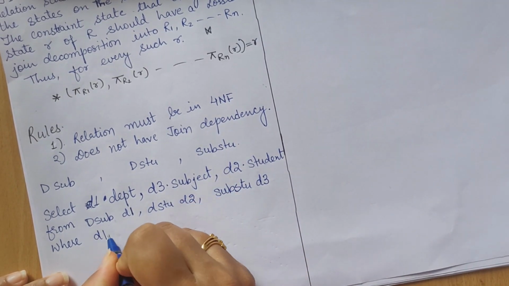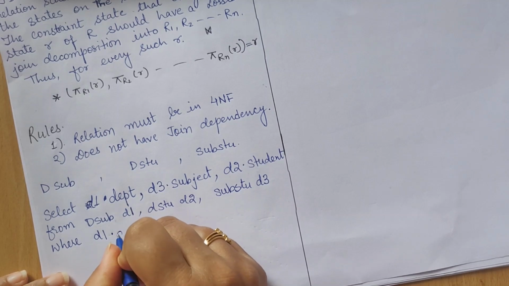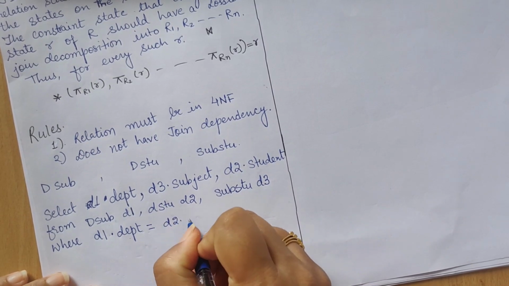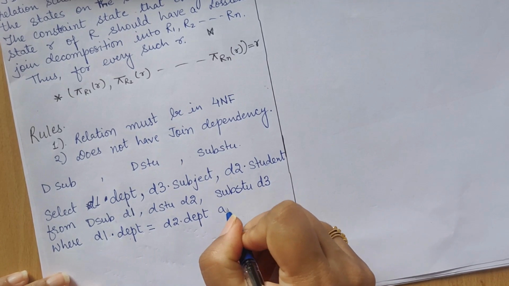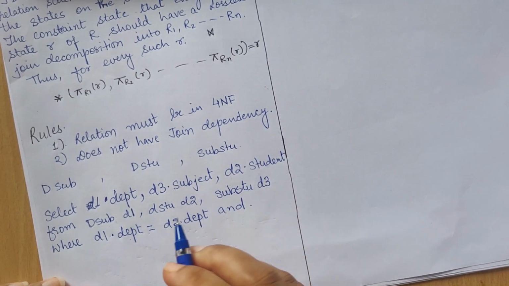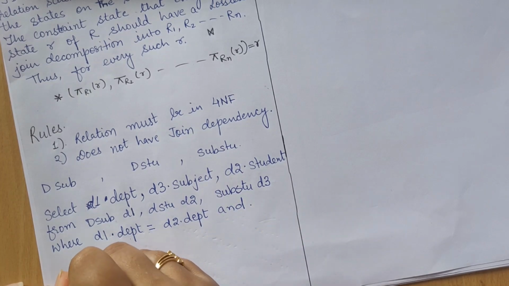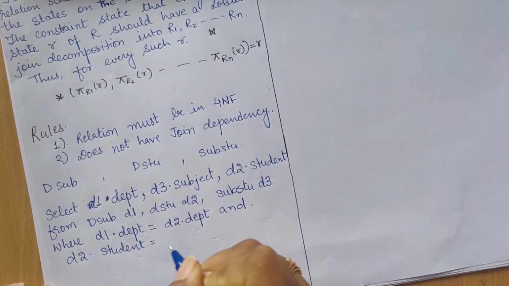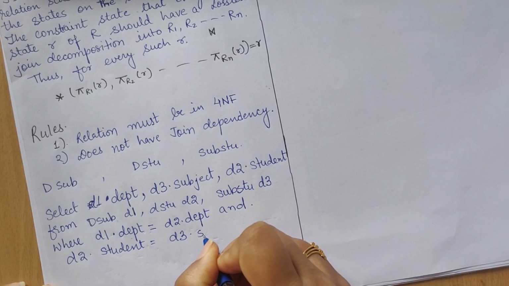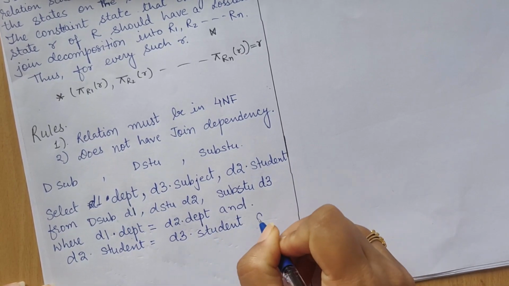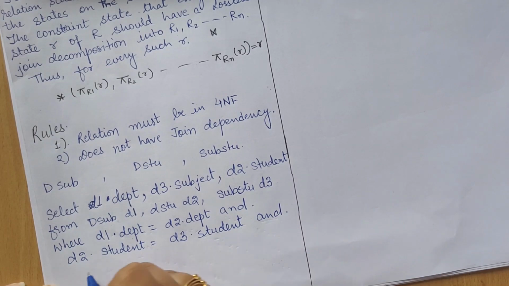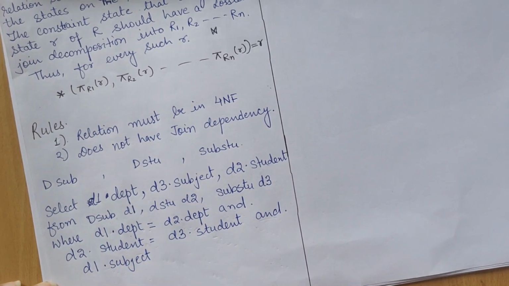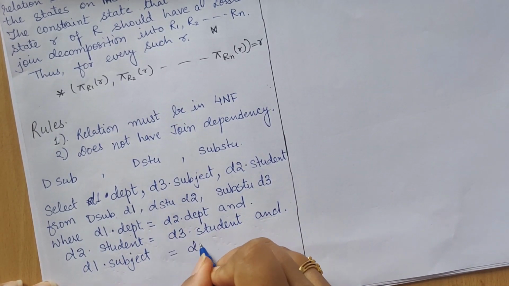So where D1 dot department is equals to D2 dot department, and from here we will take student, so D2 dot student is equals to D3 dot student, and D1 dot subject is equals to D3 dot subject.